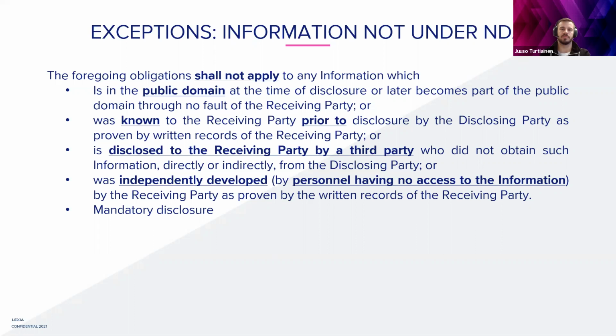But even in such a situation, you should set out in the terms that only information that is necessary to be provided to the authority or court should be provided, and the parties involved should try and limit access to the information where it's not necessary to be provided, if possible.